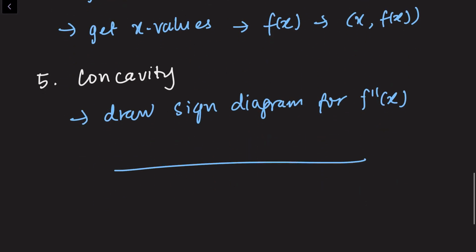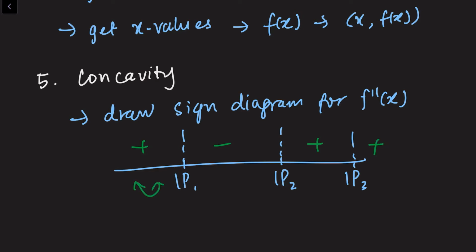So let's say you have inflection point 1, then inflection point 2, or maybe another inflection point 3. Okay, you just go ahead and find, oh, this is positive, negative, positive, positive. Means concave up, concave down, concave up, concave up. Okay?